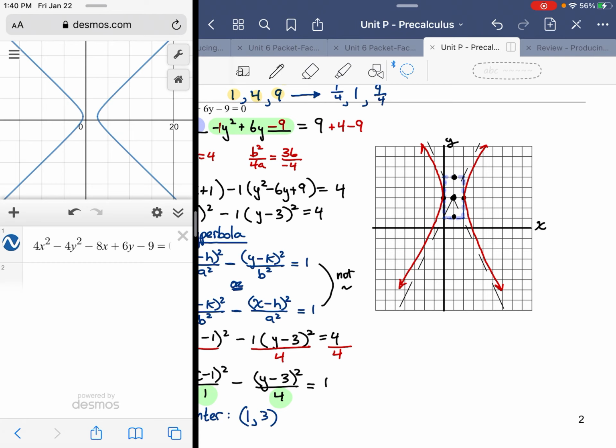All right. So we need the foci. What I use, and there's a similar justification, but it's a different story for a different day, is that the distance from center to focus is equal to the square root of the sum of the two denominators under the radical.